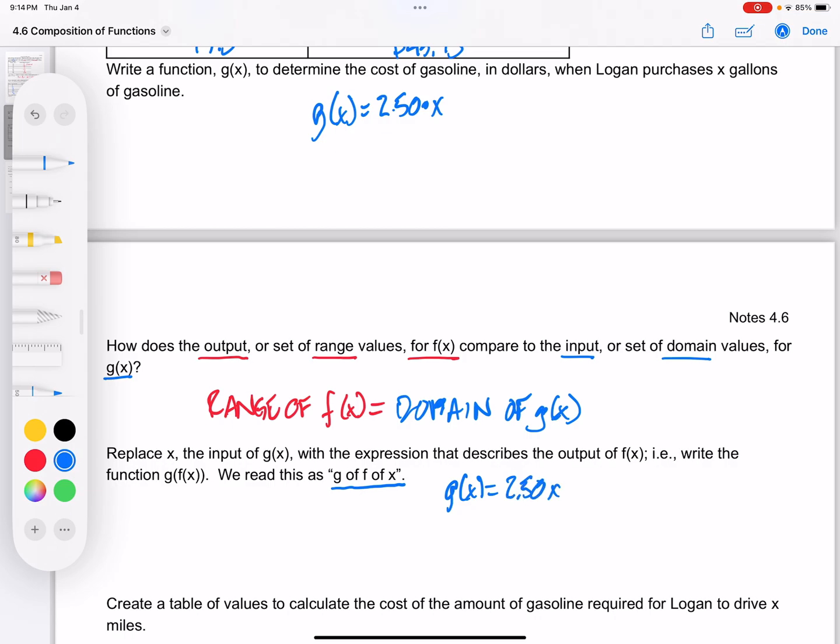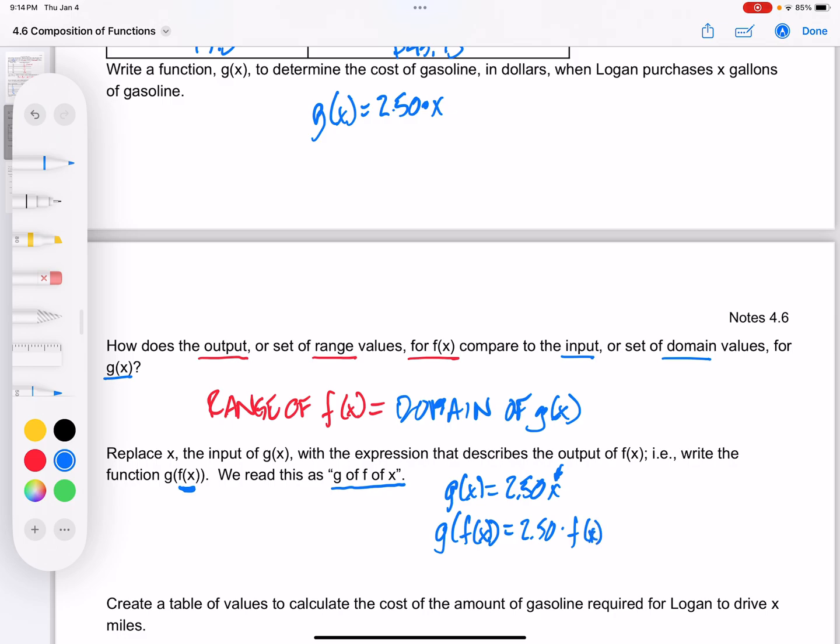But instead of x, we're going to write f of x. So we're going to write g of f of x. Everywhere that we saw an x in our function rule, we're going to instead write f of x. So 2.50 times f of x.